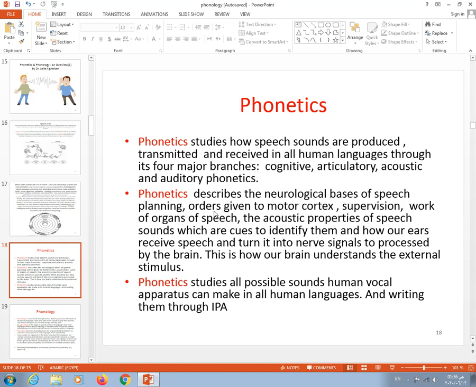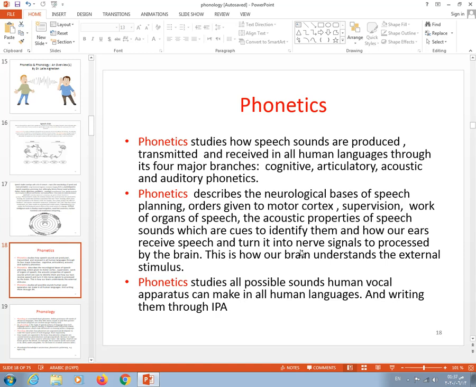When we speak, this goes into a number of steps. First, planning. We plan. We have something to say, and then we give orders to the motor cortex, and we supervise that in order to make sure that we are saying what we really want to say.